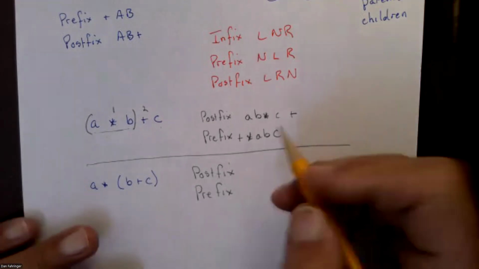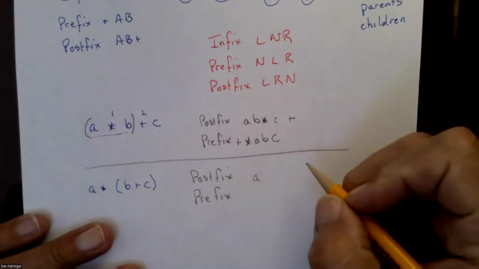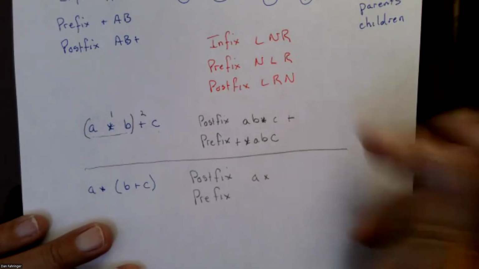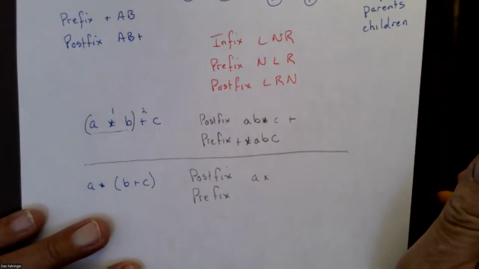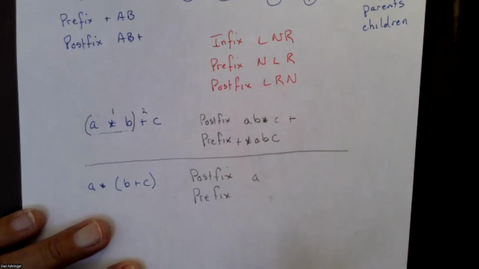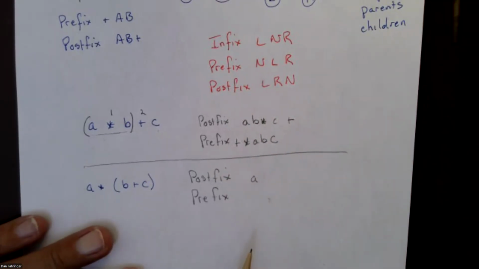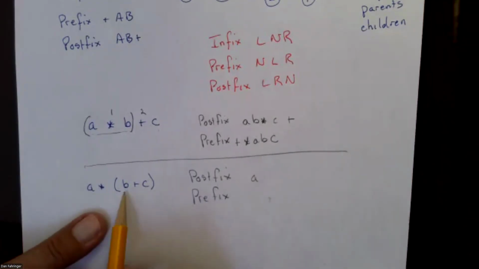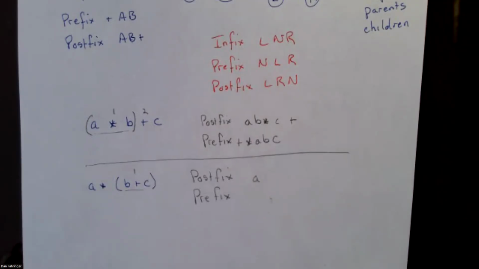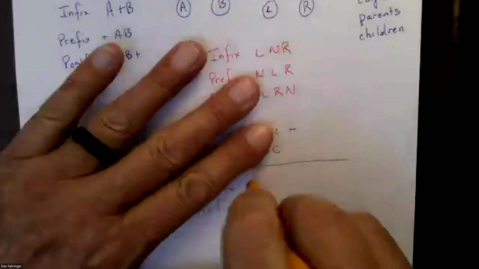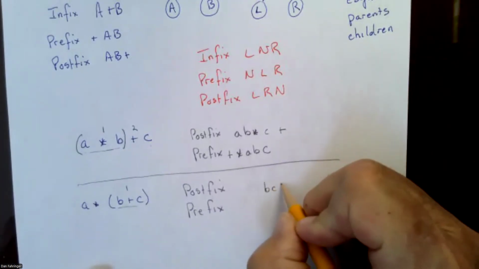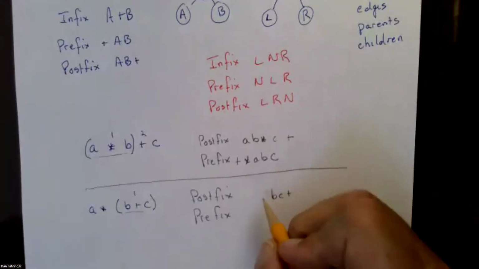Is there like the asterisk? Oh, yeah, it actually, A asterisk B C plus. Okay. So this gets done first. So what would that look like? B C plus, and then A asterisk.